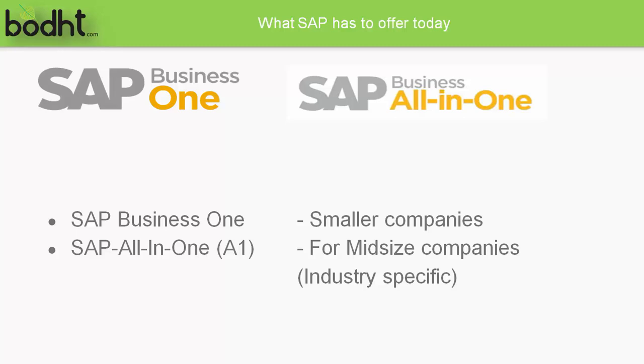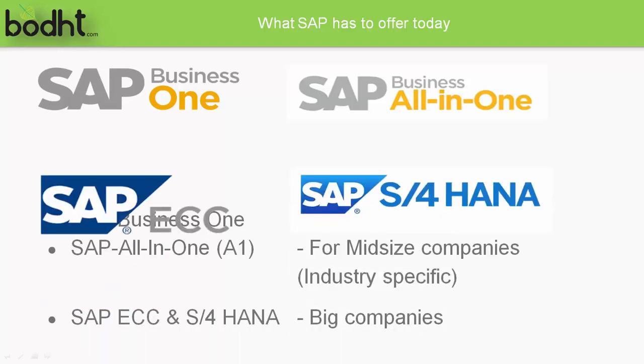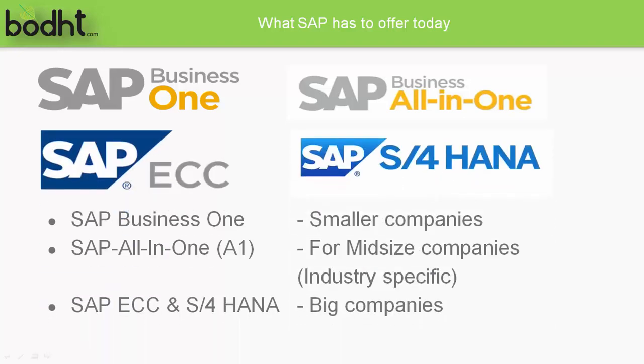And then comes ECC or S4 HANA, which is basically for the big companies, and this is highly configurable, customizable, and whatever the size of the company, it can handle the data.